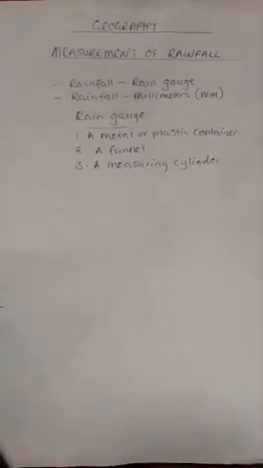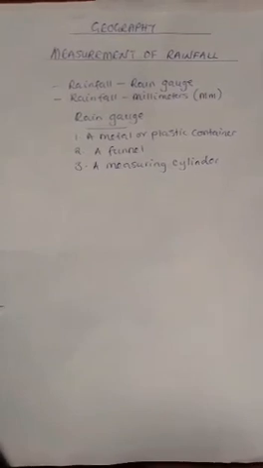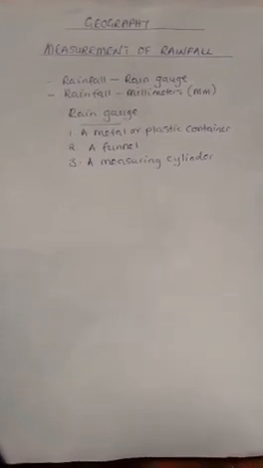The rain gauge must be placed on an open space to avoid water from the buildings and the trees dropping into the rain gauge.